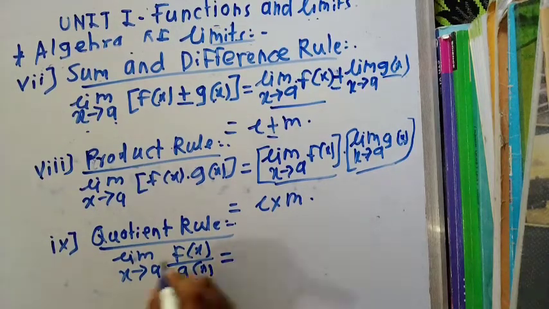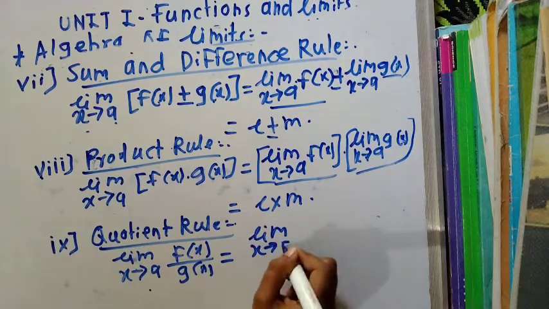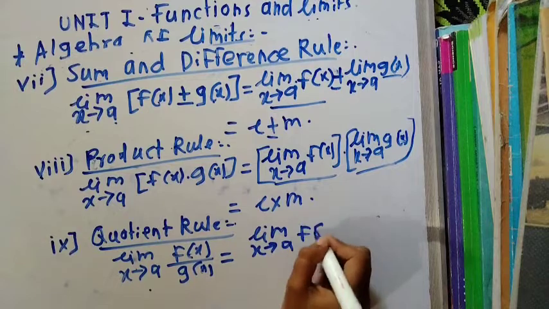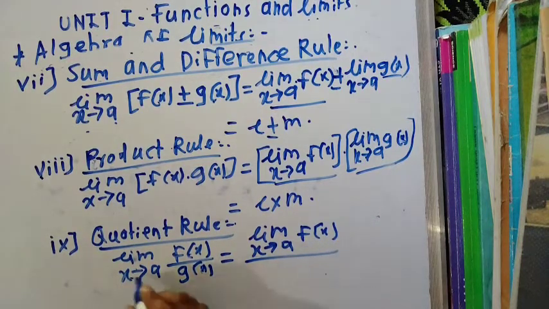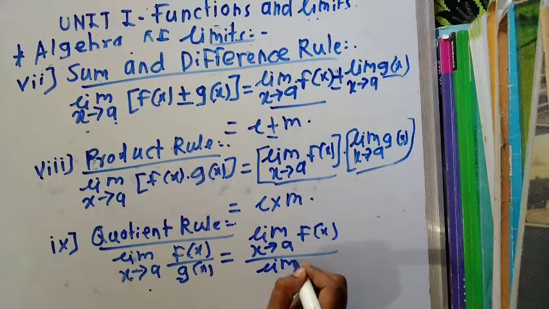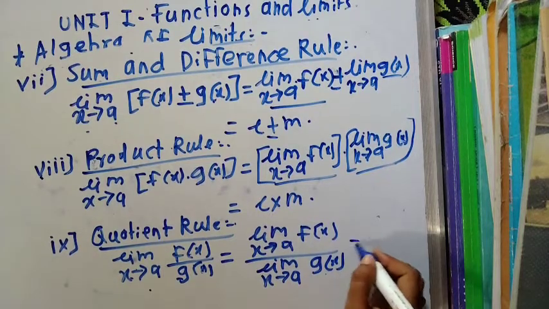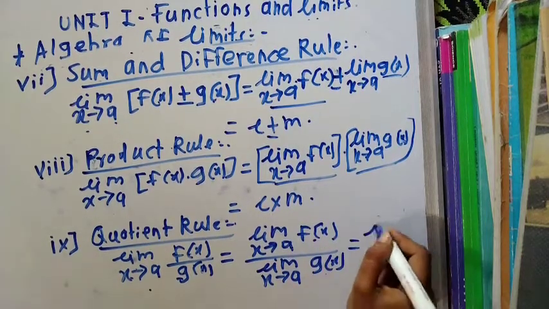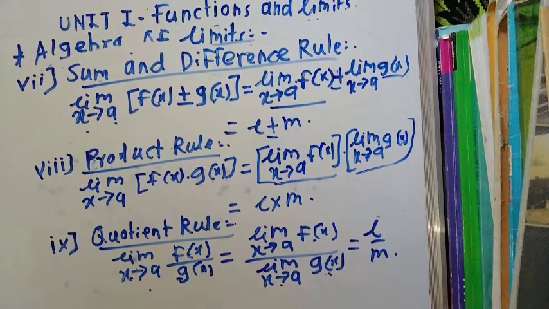Now separate it: limit x tends to a f of x divided by limit x tends to a g of x. But this value is taken as L and this value is m, so L divided by m.